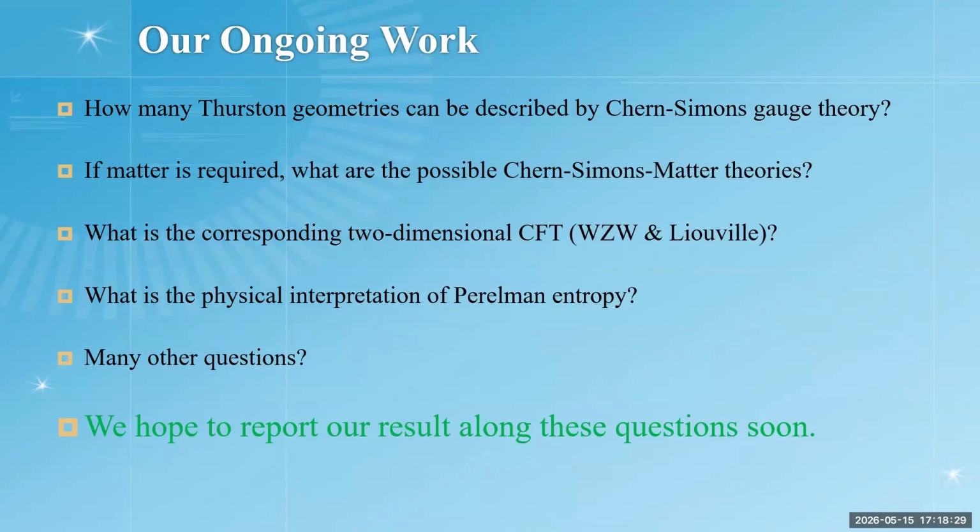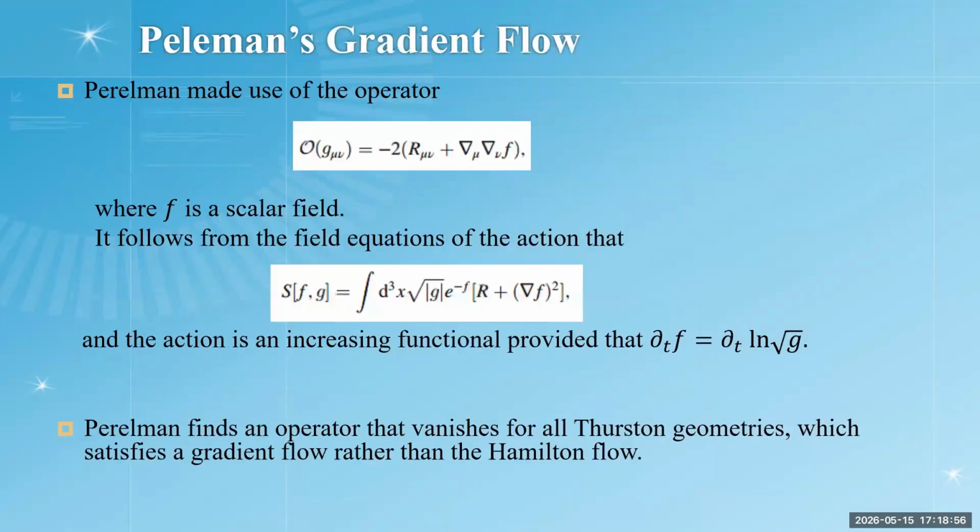And then what is the corresponding two-dimensional conformal field theory? Because we have some boundary, if you believe gauge-gravity duality, the non-trivial boundary condition may be encoded in a two-dimensional conformal field theory, like Wess-Zumino-Witten and Liouville. So what is the corresponding two-dimensional conformal field theory of Thurston geometries? Another question is about uniformization: there is some universal flow, along which eventually this operator becomes zero.